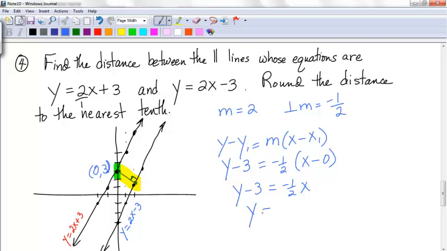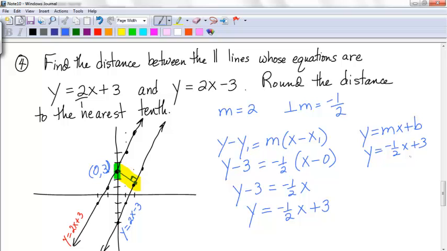Okay, and add 3, so y equals negative 1/2 x plus 3. Which I could have actually gone to slope-intercept form. I could have done this too, right? y equals mx plus b. I know the slope and I know the y-intercept. I could have gone right to this. That would also work. Either way, I get the same equation.